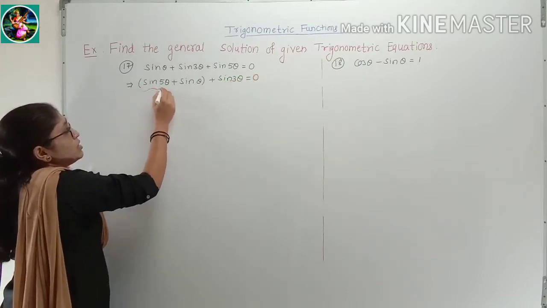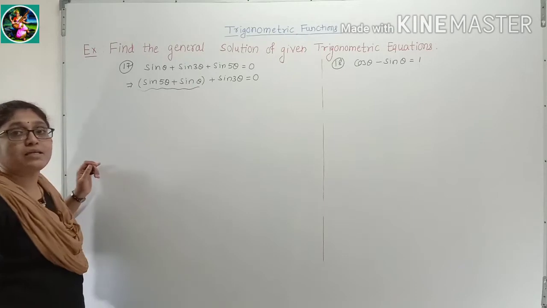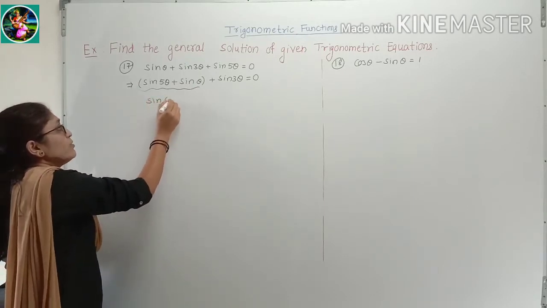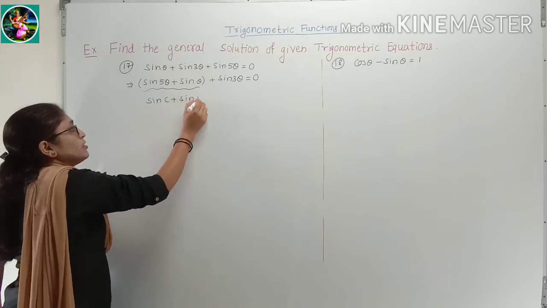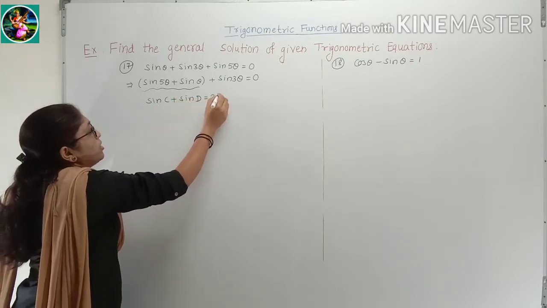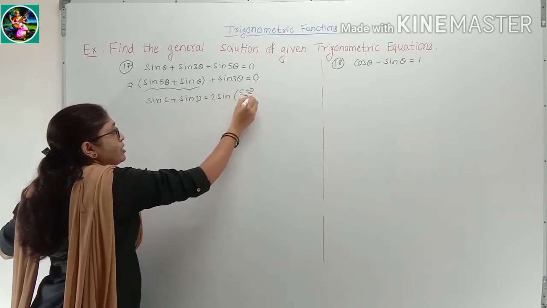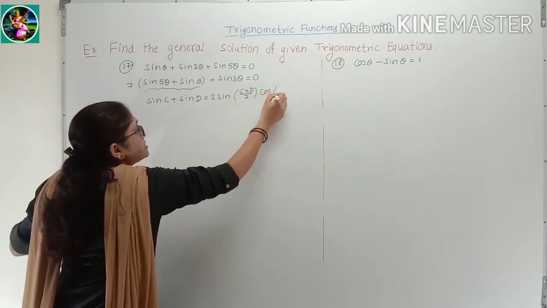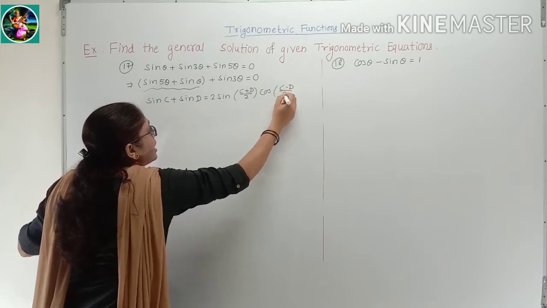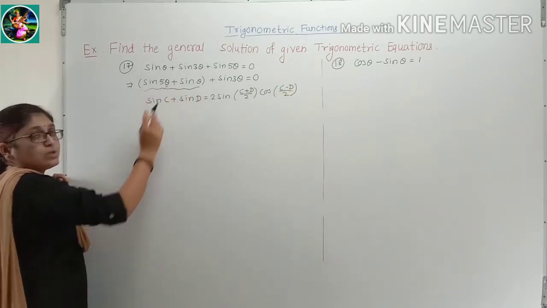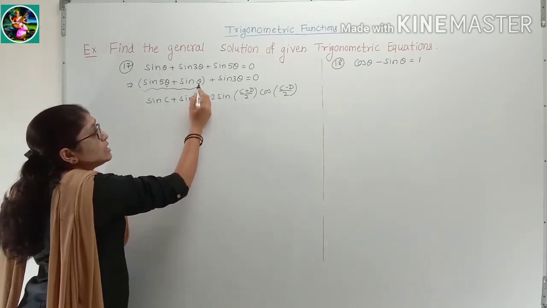We use the formula that sin C plus sin D is equal to 2 times sin of (C plus D) divided by 2 into cos of (C minus D) divided by 2.